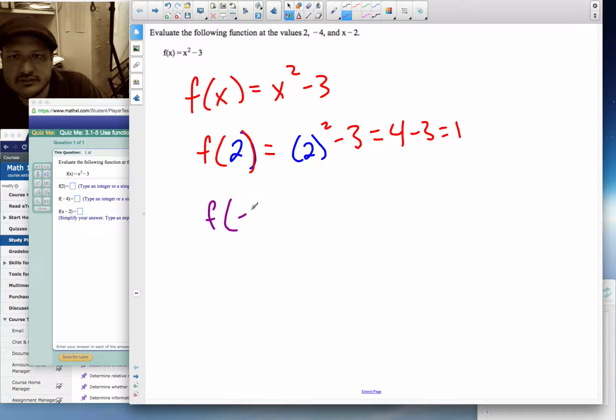F of -4 is -4 squared minus 3. That's 16 minus 3 equals 13.